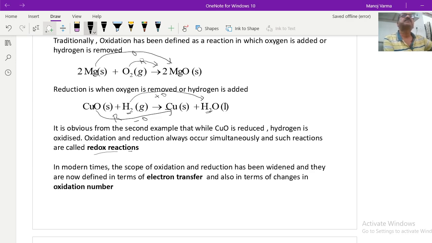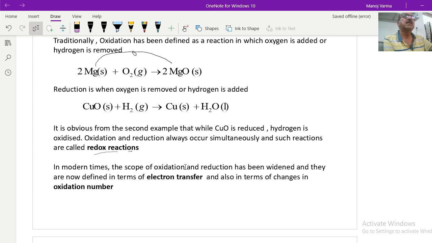So now what you actually understood is that we can define oxidation and reduction in terms of simple addition of oxygen or removal of hydrogen, right? So now let's go further.